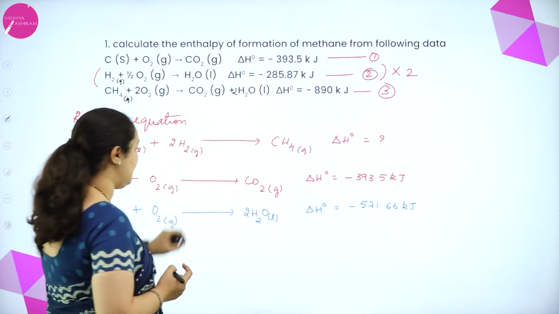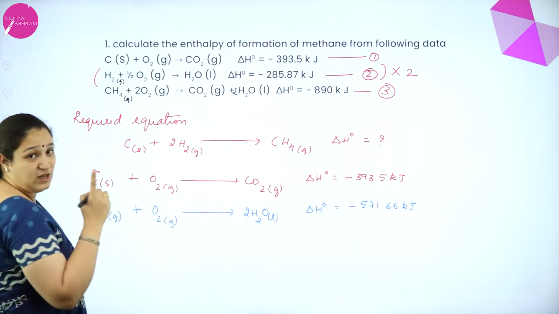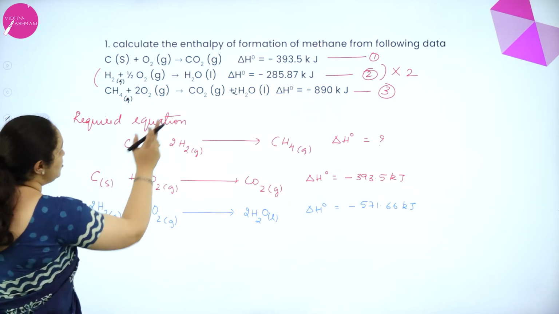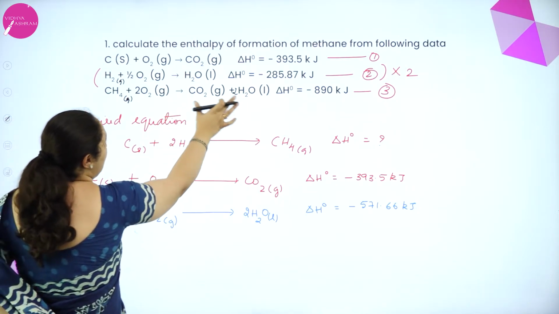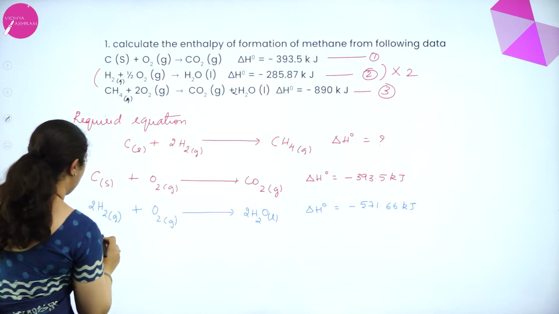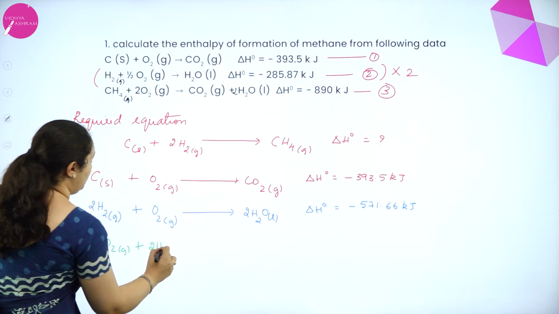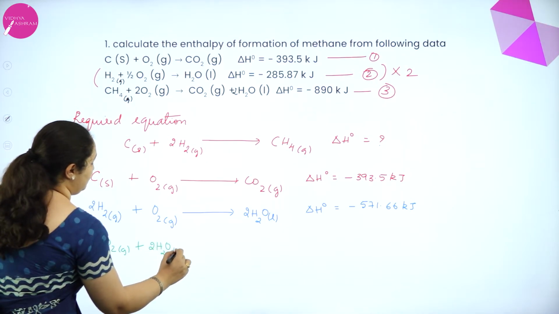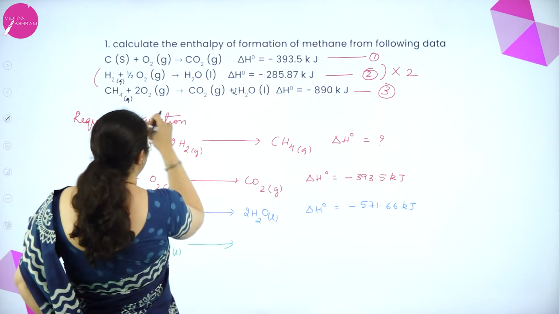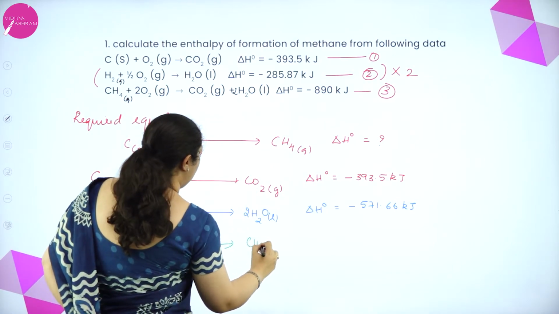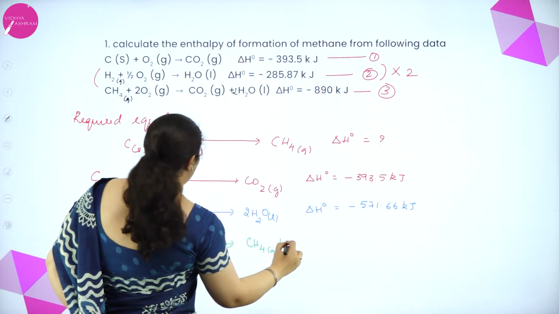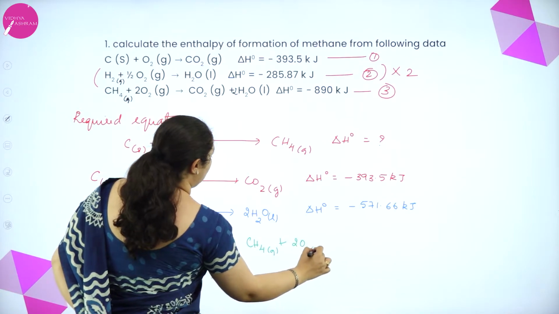I have to reverse and write. So I shall reverse the equation 3 and write. So equation 3 when I reverse, what will come? These two will come on the reactant side. So it is CO2 plus 2H2O, and reactants will come onto the product side, that is methane plus 2O2.